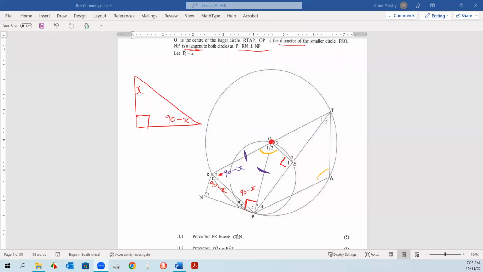Carry on. And then since that's the Q1, okay, so can we say that angle PAT is also equal to 90 minus x because of the cyclic quad?